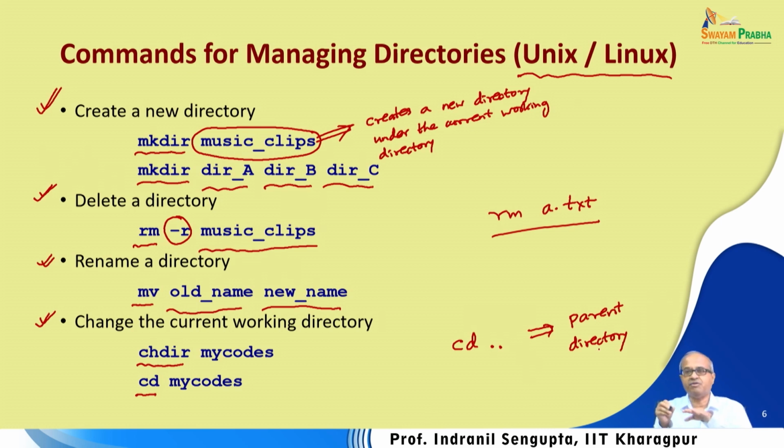So, wherever you are, whichever folder, you move one level up. If you write cd dot dot slash again dot dot, move one level up, again one level up, like that you can specify anything you want. Okay. So, in this way you can move to any folder, any directory you want. Fine.